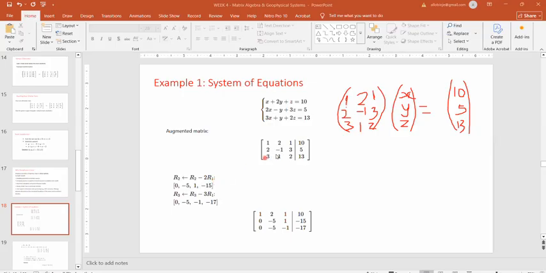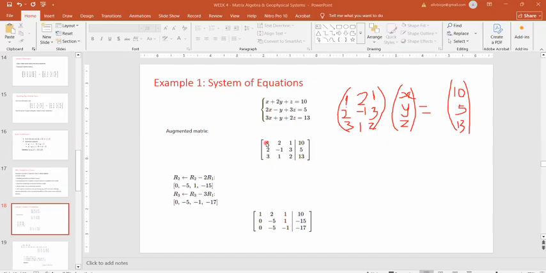In this case, the easiest way is, first of all, to make this 3 equal to 0 first. So we are going to get a new row 3, R3. To get that new row 3, you take the old row 3 and subtract 3 times row 1. Multiply row 1 by 3, then subtract it from row 3.